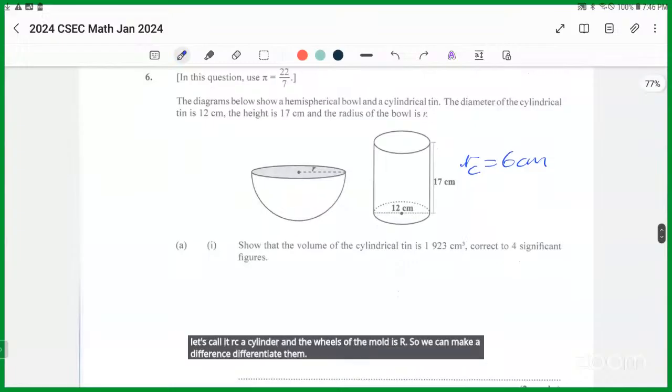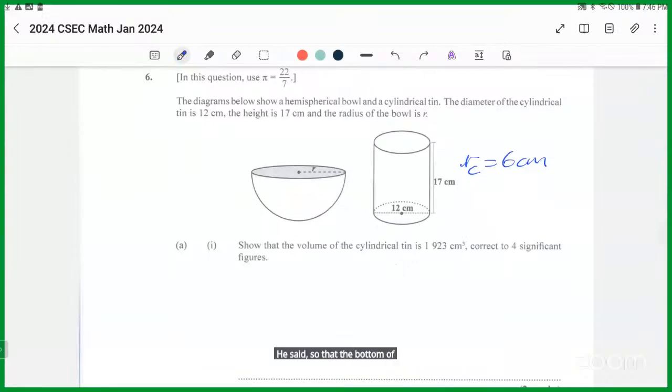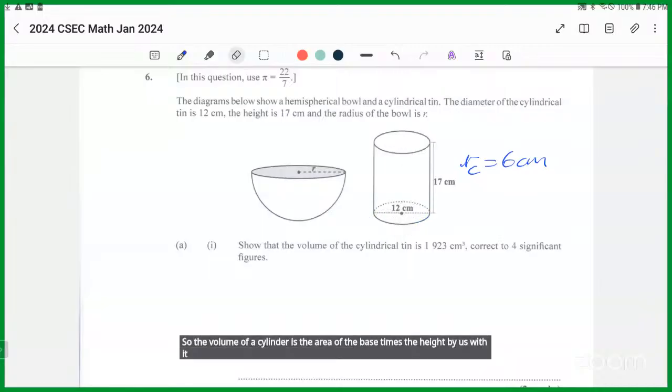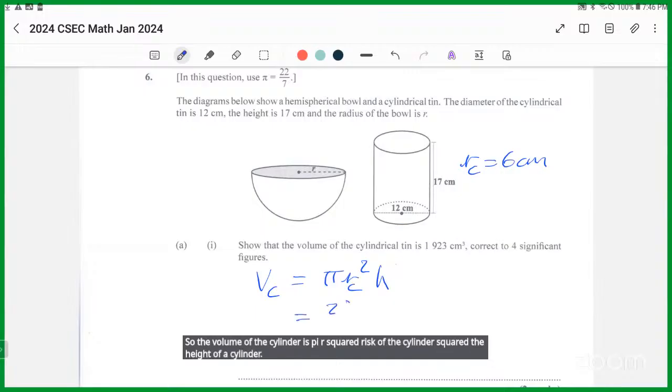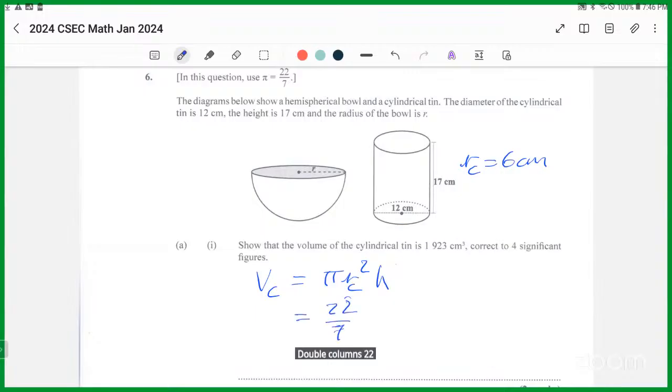It says show that the volume of the cylindrical tin is this. So the volume of a cylinder is the area of the base times the height. Pi r squared h, but that object is uniform cross section. The formula for the volume of this is also on the formula sheet. So the volume of the cylinder is pi r squared, the radius of the cylinder squared, times the height of the cylinder. That becomes 22/7. That's what they must use for pi.